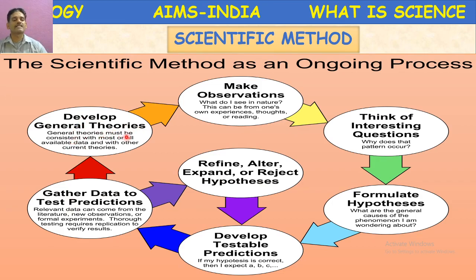General theories must be consistent, must be accepted by everybody. Consistent with most or all available data and with other current theories. Once again, the general theories again make observation. It is a cycle. Scientific method is an ongoing process. Okay. Right, children?